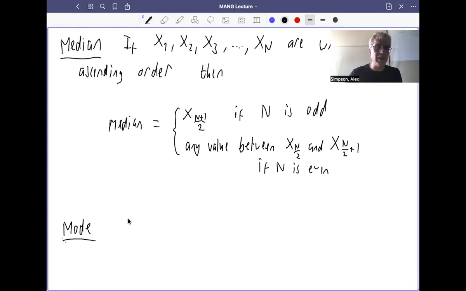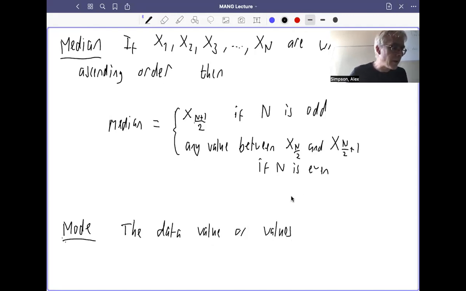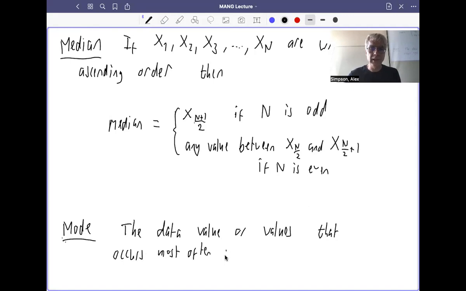So it's the data value or values that occurs most often in x1 up to xn.